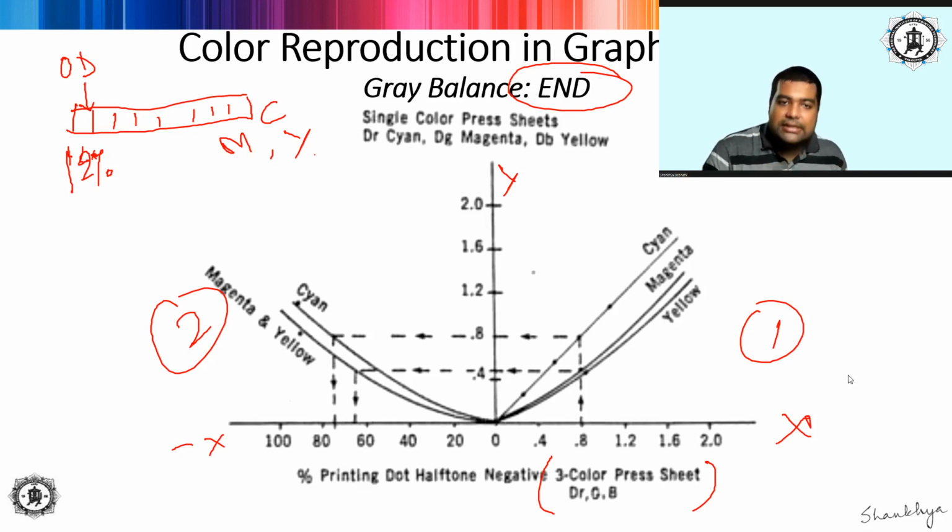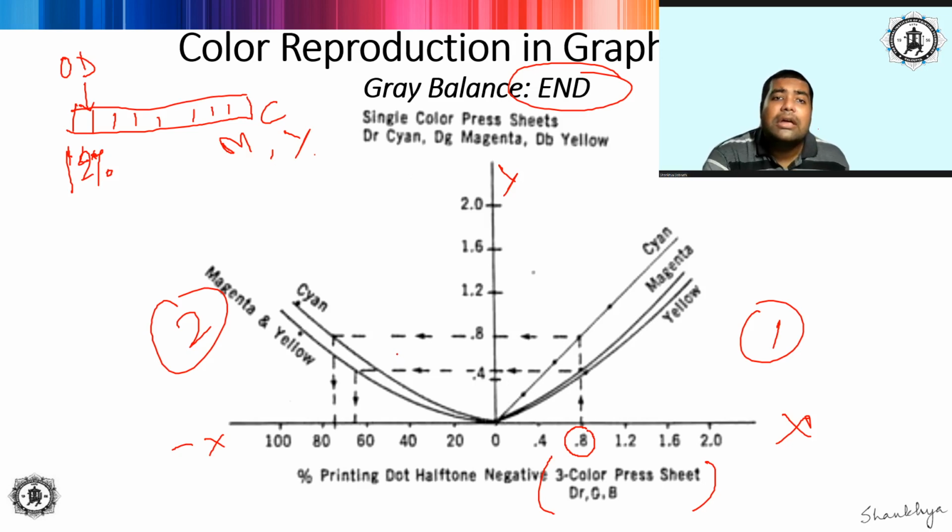See, in this diagram, in this plot, we are considering what is the dot percentage of cyan, magenta and yellow in order to reproduce a gray having an optical density of 0.8, right?